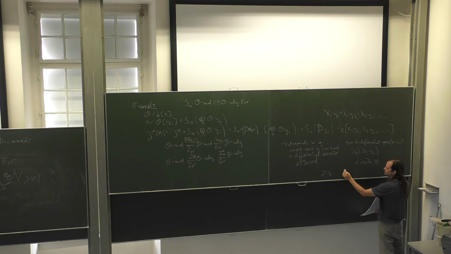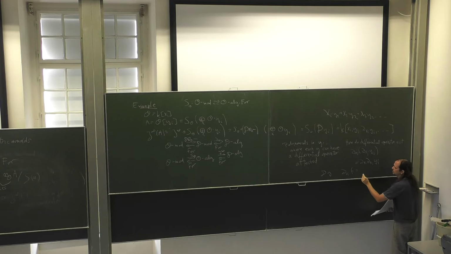So if you have any function f, the dxi of f will then be the sum over multi-indices sigma of dxi sigma y times df over dx sigma y.